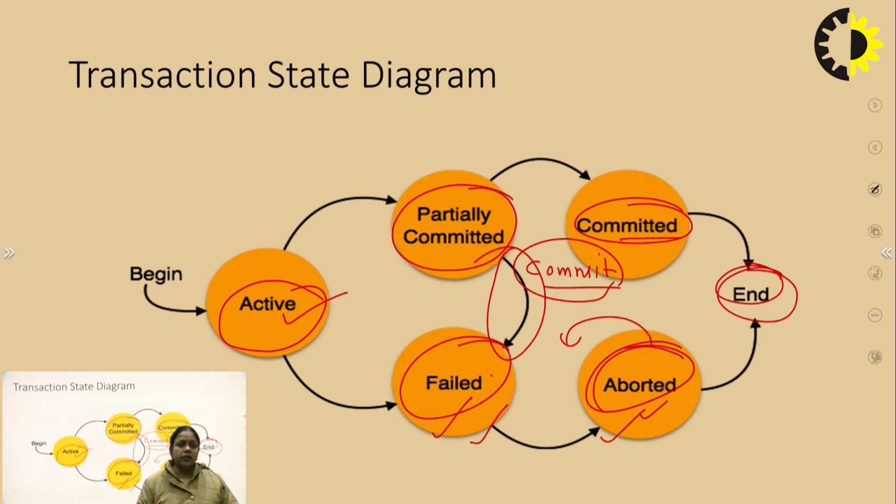If the integrity constraint does not allow the transaction to perform, then a partially committed transaction can fail. And if the transaction fails, then again it has to come to the aborted state, and again it has to roll back. So these are all the states of the transactions.